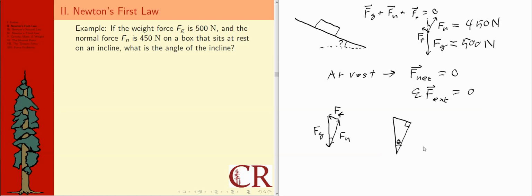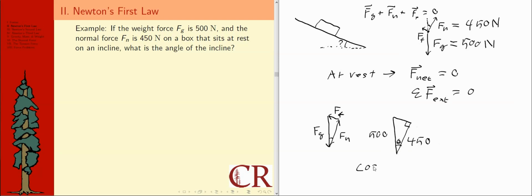There's a right angle here because the force of friction and the normal force were at right angles to each other, and we know that the normal force had a value of 450 newtons and the gravity force had a value of 500 newtons. So this makes a right triangle with a hypotenuse of 500 and an adjacent leg to the angle I'm interested in of 450.